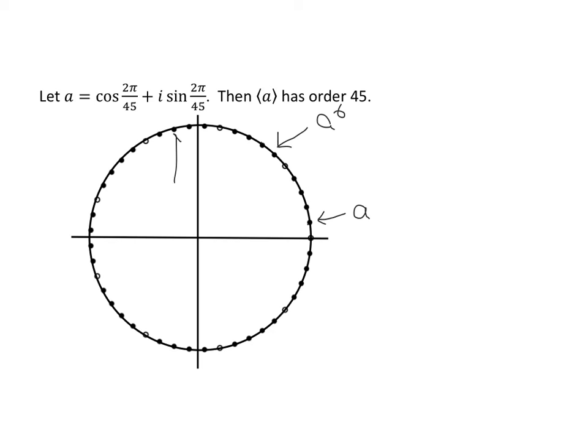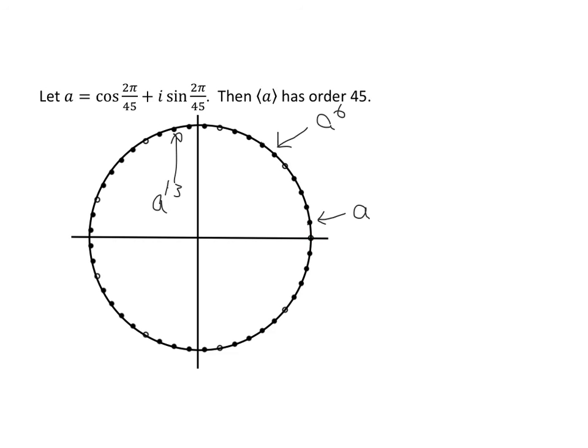This point right here is A to the 13th. So it's kind of an interesting thing, because what we now have is that the cyclic subgroup generated by A has order 45, because once I go around 45, there I am back at the identity, 1 plus 0 times i.